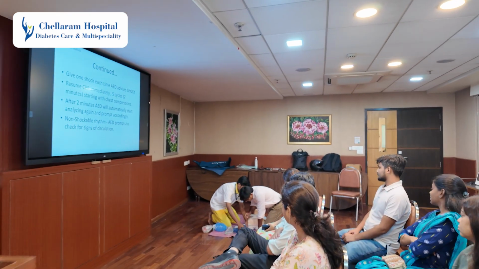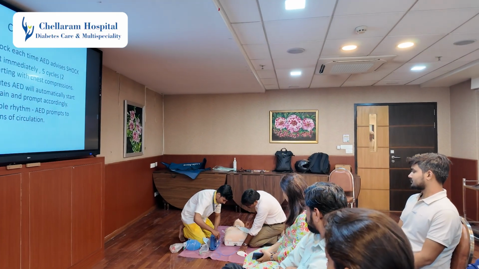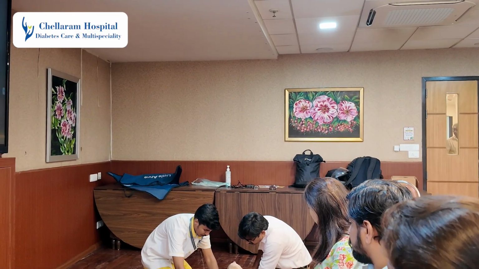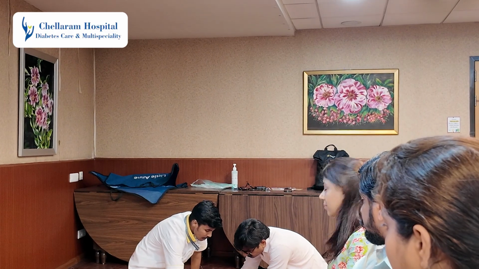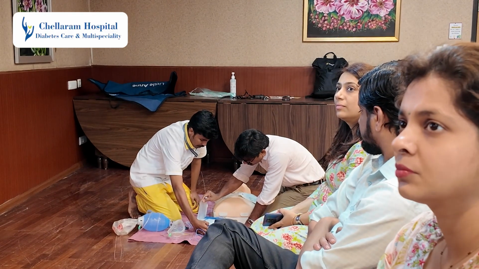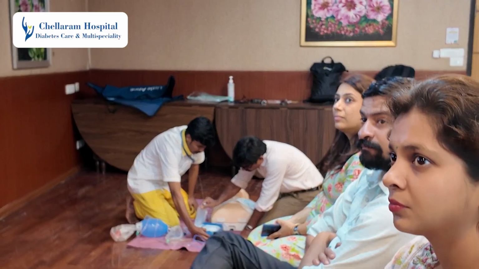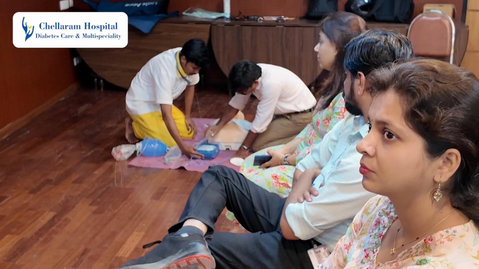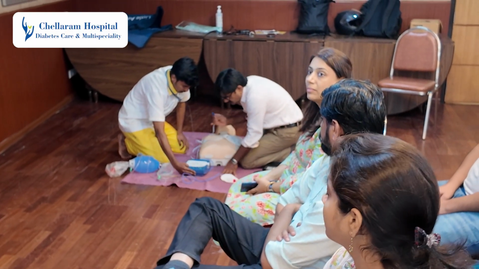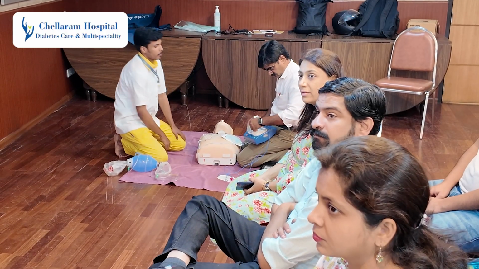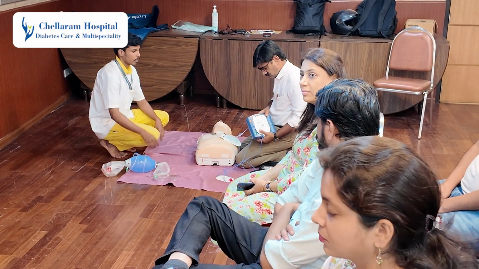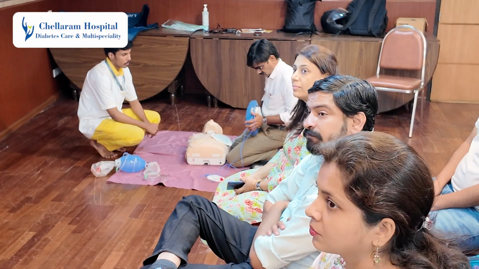So if the rhythm is shockable, it will tell us it's a shockable rhythm. I am shocking. All clear. And once it has shocked, it will tell us again to resume CPR. Why resume CPR? Because it has shocked the heart. At that point of time, the rhythm will regularize, but we have to support that part.